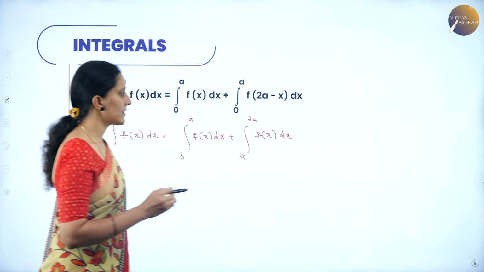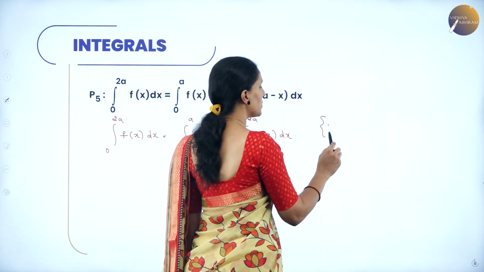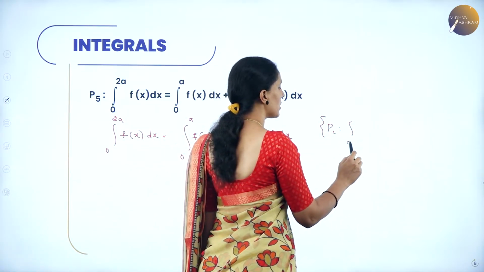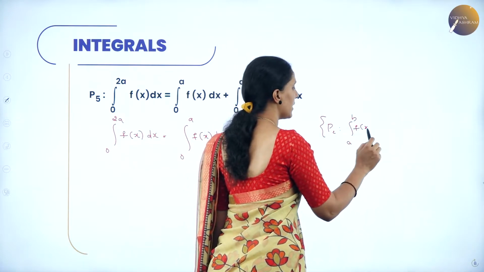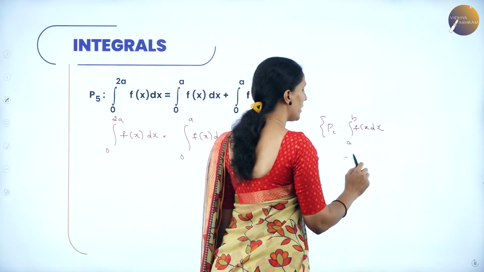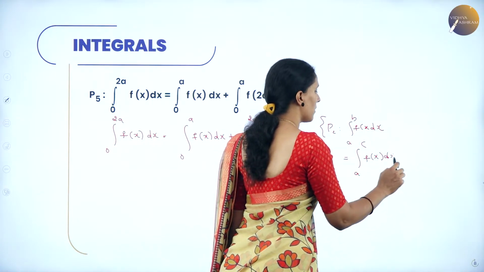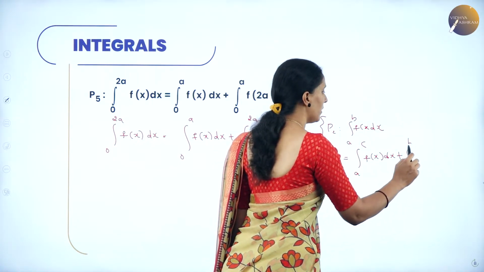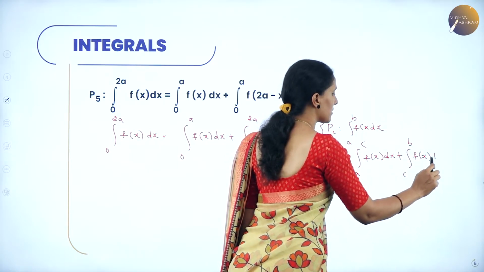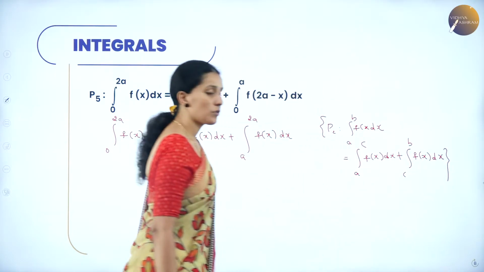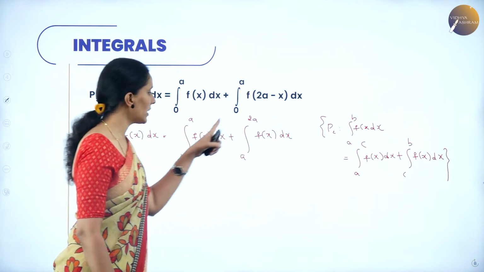What does it say? P2 says that when you have an integral from a to b of f of x dx, you can write it in the form of the integral from a to c of f of x dx plus the integral from c to b of f of x dx. So this is what property 2 says, and I am using the same here.